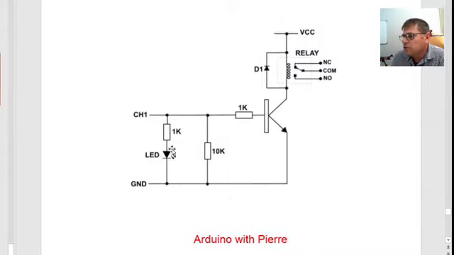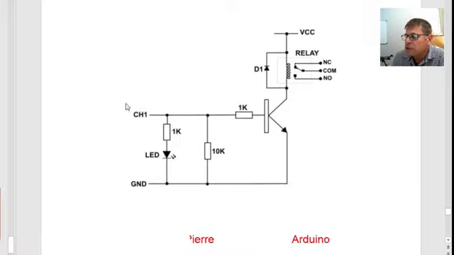Now this circuit also includes an LED. The transistor and the resistors are already built onto the board, and also the flyback diode. So it's basically a module that already contains all of these components, and you can use it just as it is. You also get some of these boards where they've got an opto isolator between your Arduino switch and your relay.